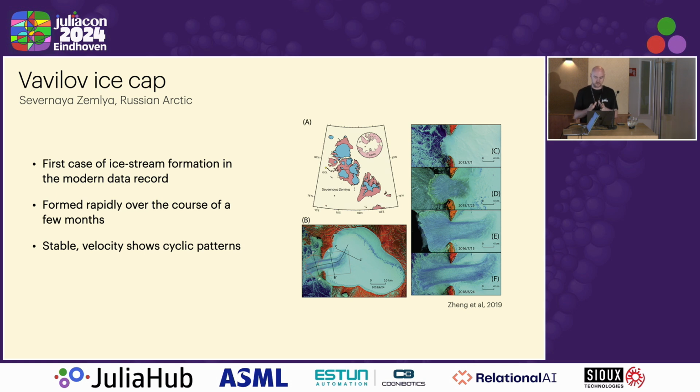And this small ice cap is not an ice sheet, it's a much smaller object. There the stable stream-like feature, this corridor of ice, formed just over the course of a few months, which also sheds some light on the characteristic timescale that has to be resolved.